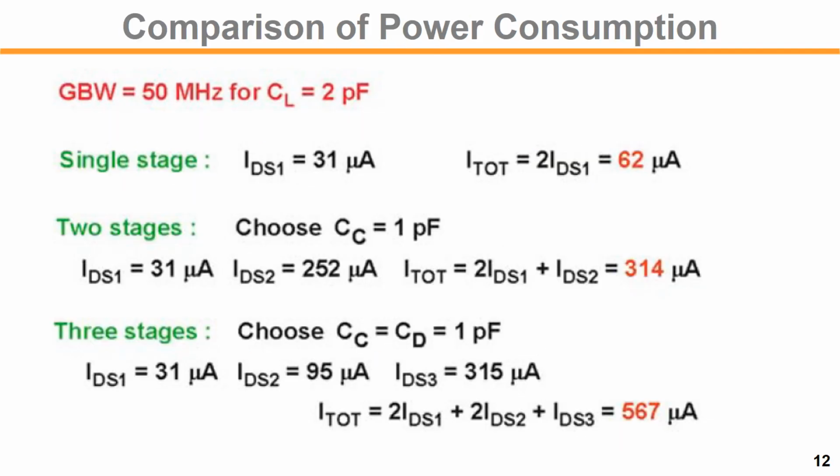So this is a highlight of the power comparison. The single stage amp total current level was 62, but the two stage total current was what? 314, and for the 3-stage amp we get 567.